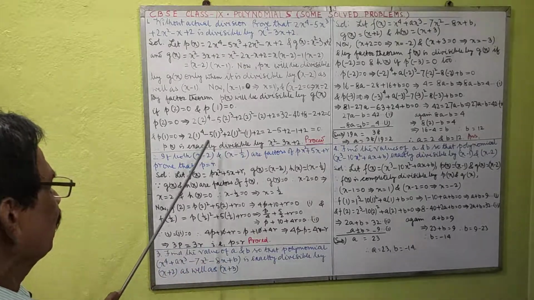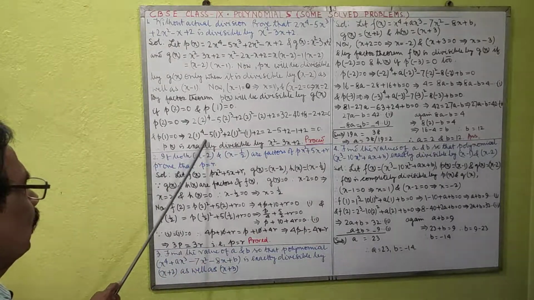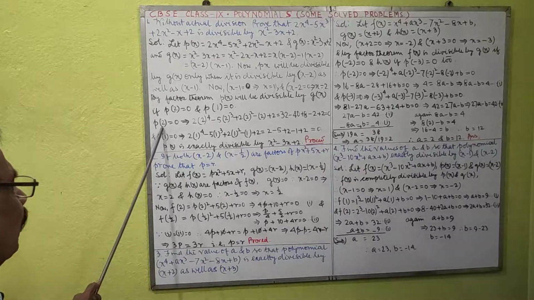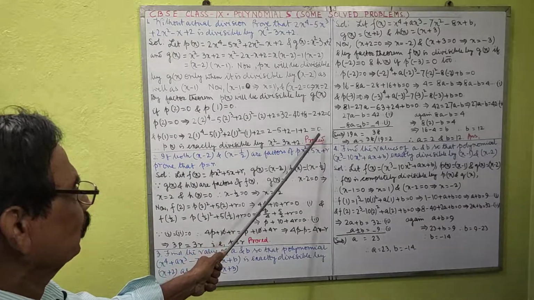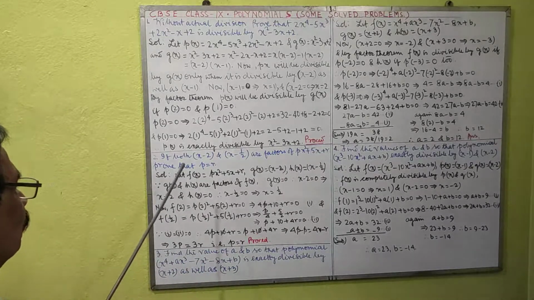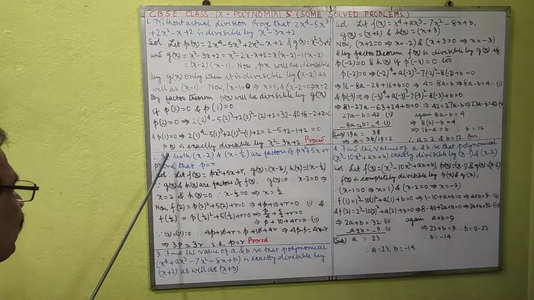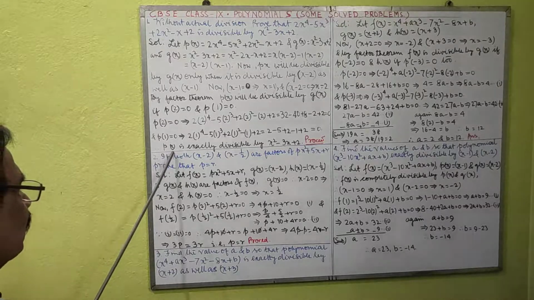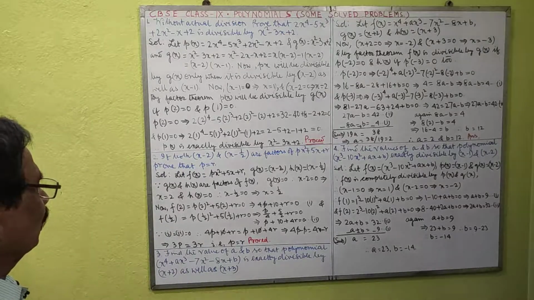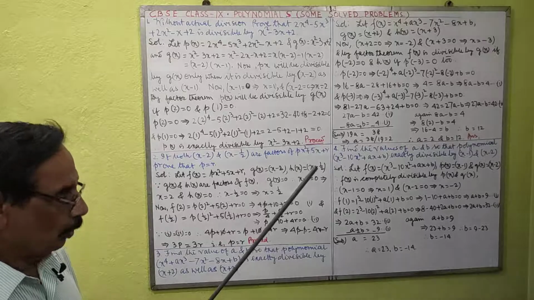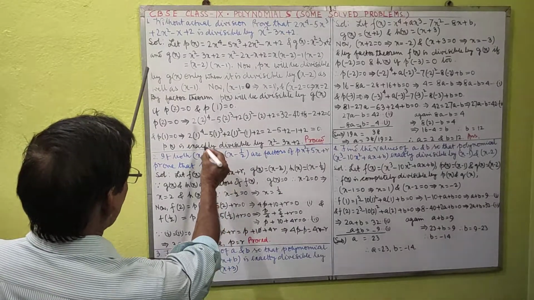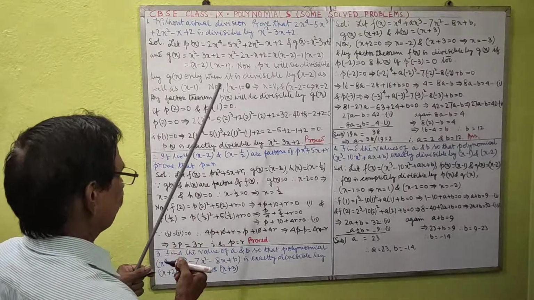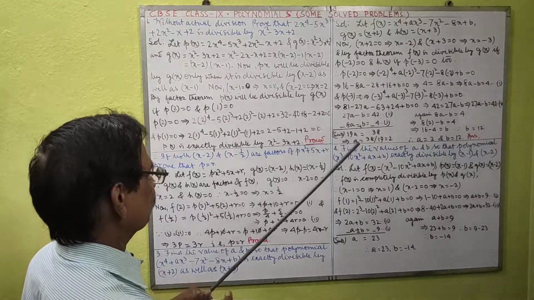Putting the value of x as 1, it is 0. Putting the value of x as 2, it is also 0. So the polynomial p(x) is exactly divisible by x² − 3x + 2.